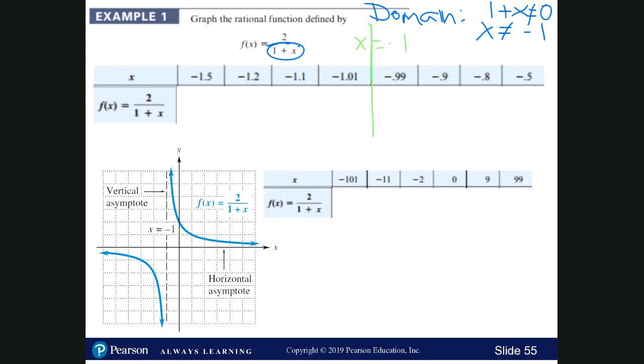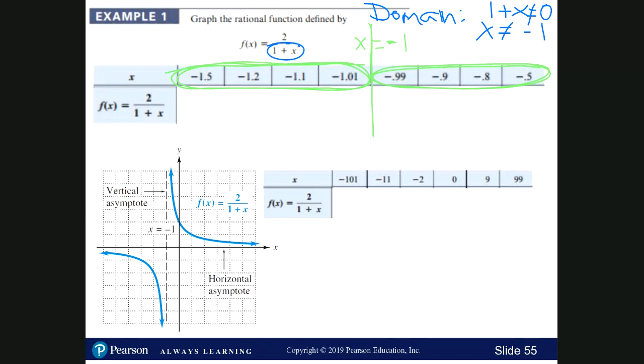Now, what we see here on the right side are numbers that will be on the right side of negative 1. And they're very close to negative 1. However, they're not exactly negative 1. Now, what we see on this left side of negative 1 are numbers that are close to negative 1, but still on the left side. We could say they're smaller.